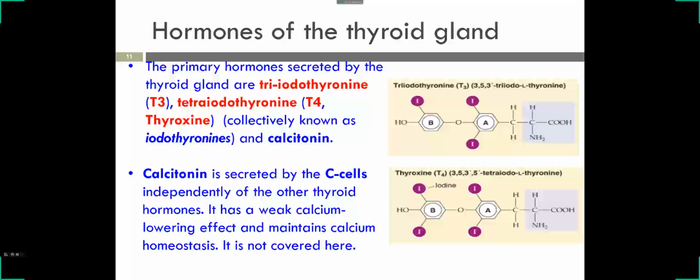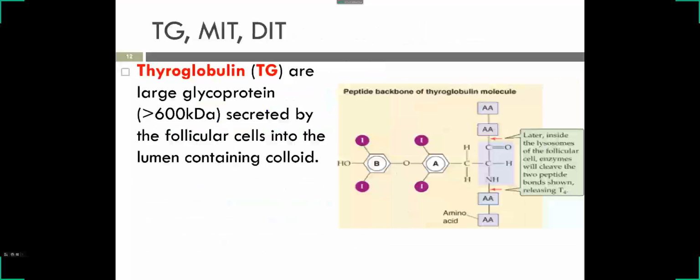I'm not going to say much more about calcitonin itself, other than it is another hormone secreted by the thyroid gland, and it's made by these C cells. That was all I expect you to remember. However, we will talk quite a bit about T3 and T4 and how they're made, and I will expect you to know the details.